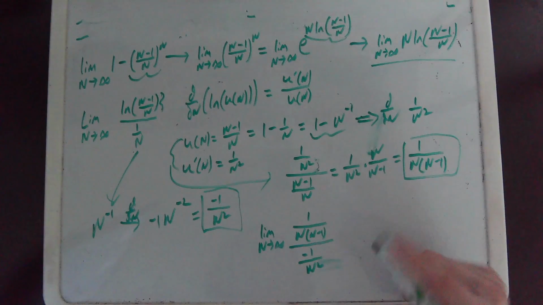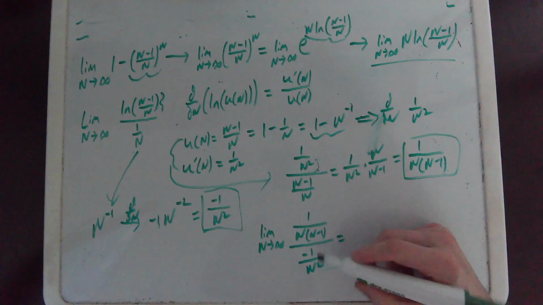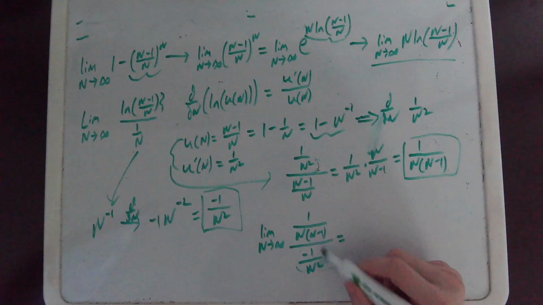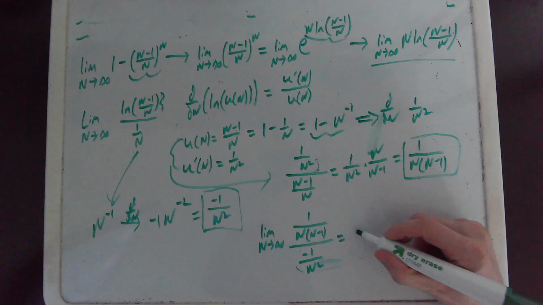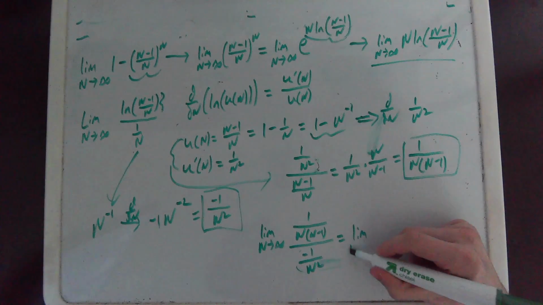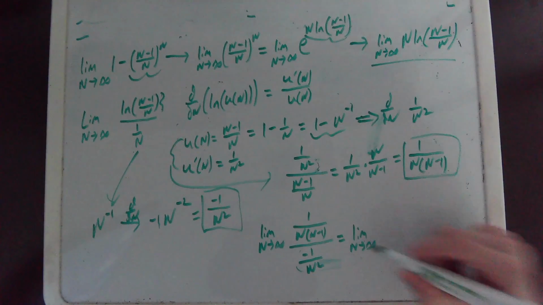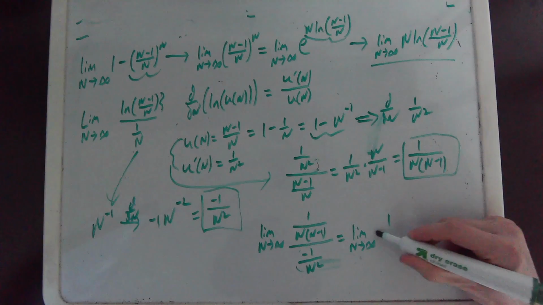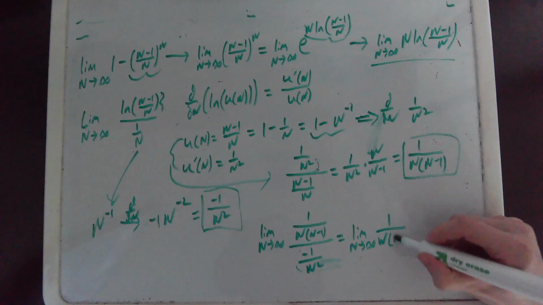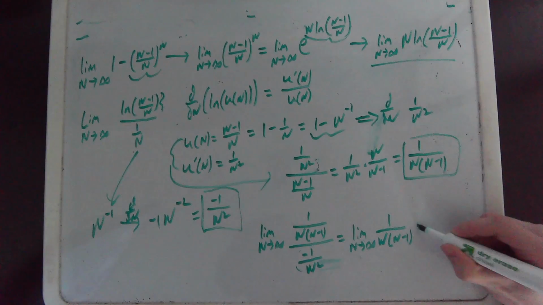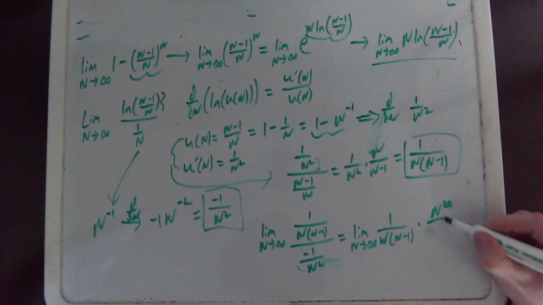Okay, and just to make this a little neater, remember dividing by this term is the same as multiplying by the reciprocal. So we can say that this is the limit as n approaches infinity of 1 over n times n minus 1 times n squared over negative 1.